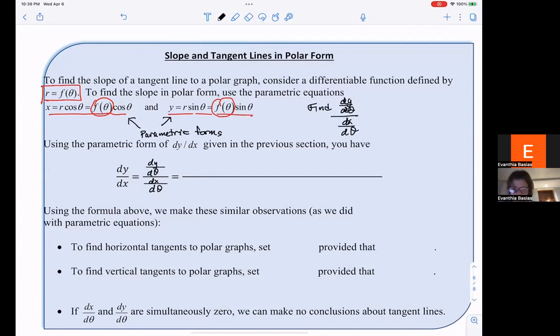And of course, using trig identities helps. But the formula is the derivative of f times sine theta plus cosine theta times f of theta. And the other one is the derivative of f of theta cosine theta minus sine theta f of theta.